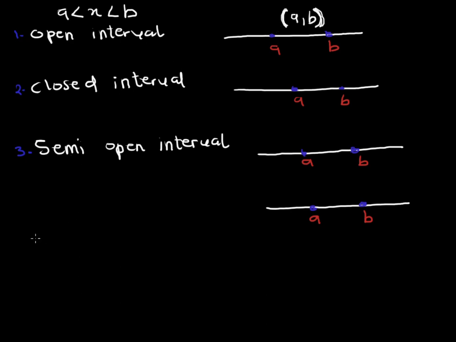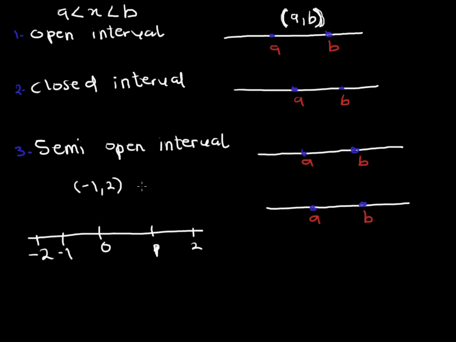Now, having a number line, right? A number line. Let me start from 0, -1, and 1. Sorry, let me just add -2 and 2. Now, having the open interval, let's take (-1, 2), right?